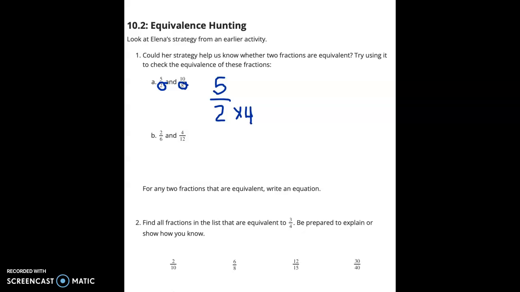Now, because with equivalent fractions, whatever you do to the top, you do to the bottom, I would have to multiply the top by 4 also. So I'm noticing 5 times 4 equals 20, so these are not equivalent fractions. Because if I was to cut the 5 halves into more pieces so that I had 8ths, I would have 20 pieces, not 10. So this one is not equivalent.